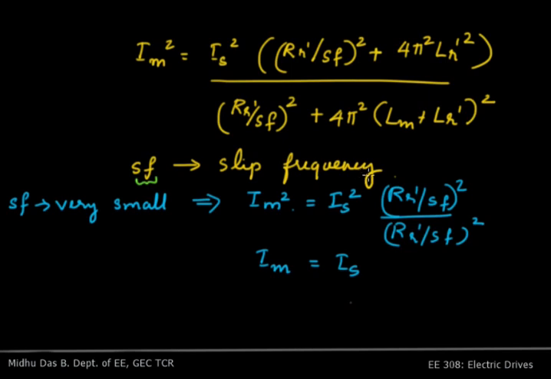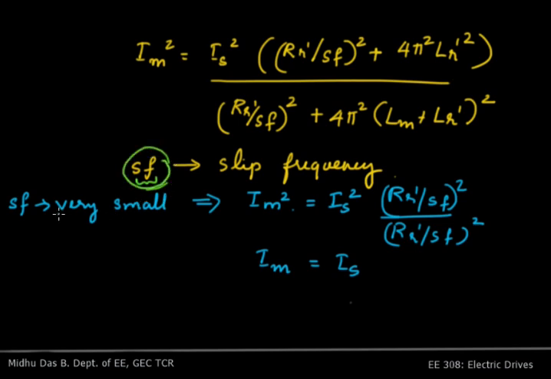So here also in current source fed induction motor drive, just like the VSI in voltage control, V by F control, we have discussed about slip speed regulation. A similar process is done here using current source also. That is why we are interested about this slip frequency term here.